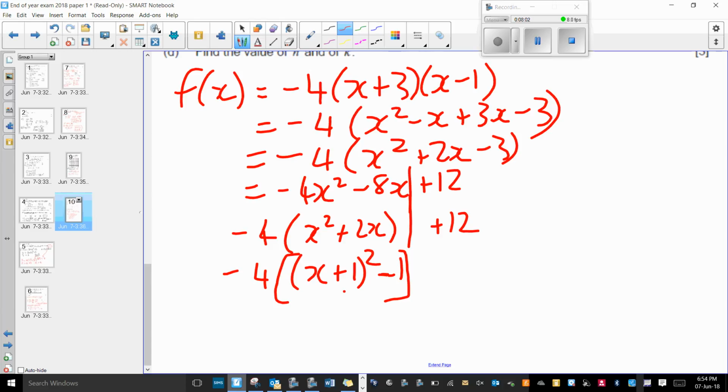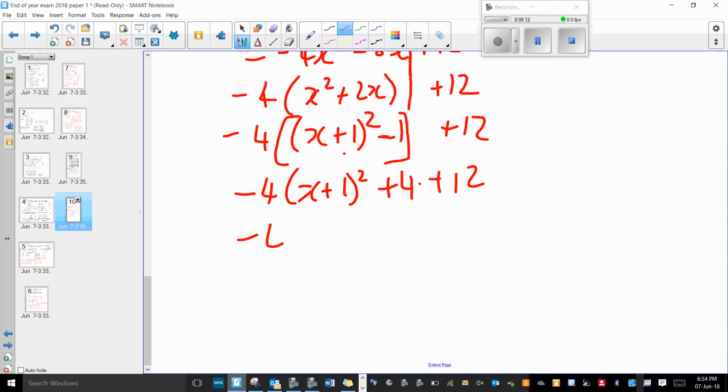The -4 affects both of them, so that's +4 plus 12, so it's -4 x plus 1 squared plus 16. Right, that was a real mission, but we have done it.